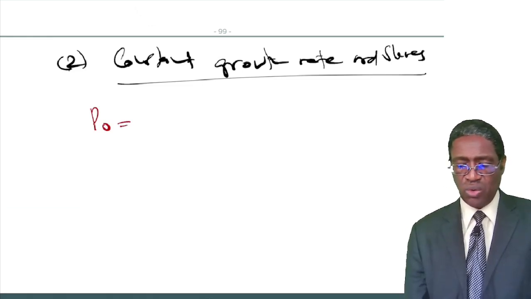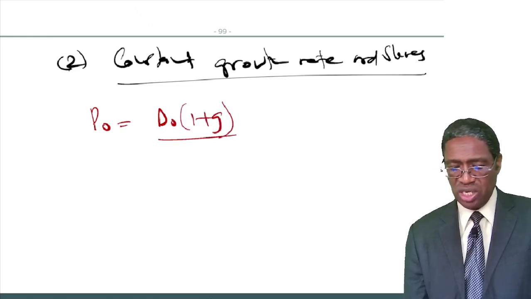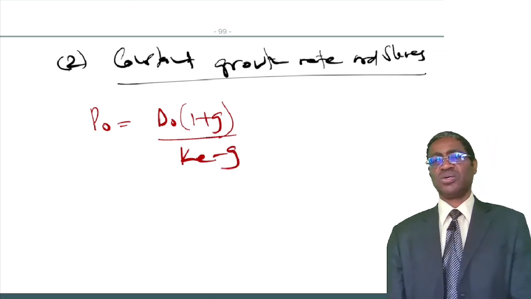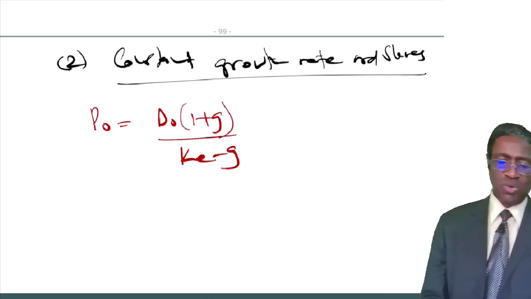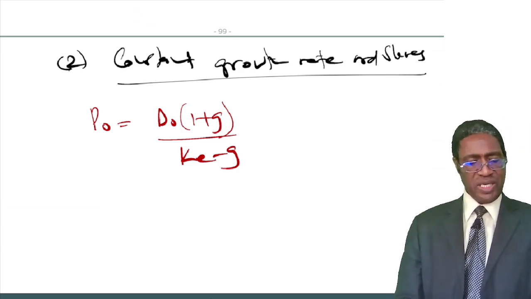P0 equals D0 into (1 plus g), divided by KE minus g. Quote that formula now.